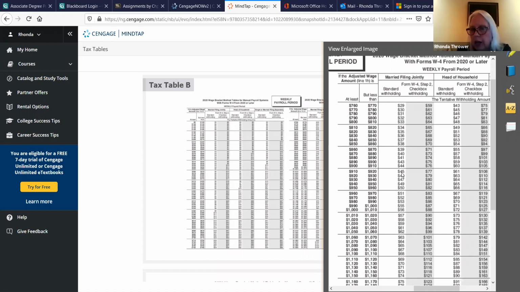You must multiply the $45 a week by 52 weeks in the year. So 45 times 52 is 2,340.